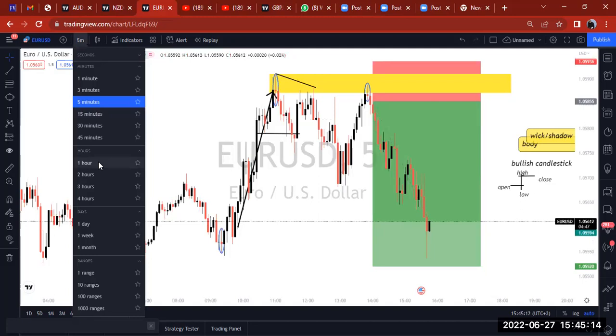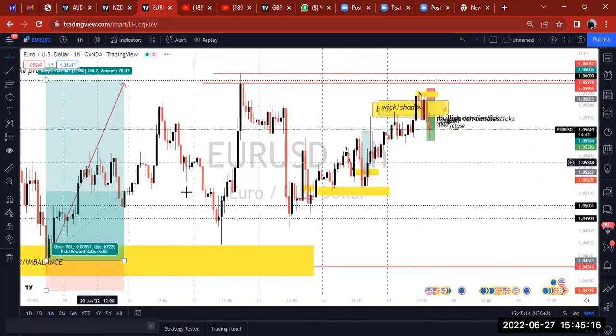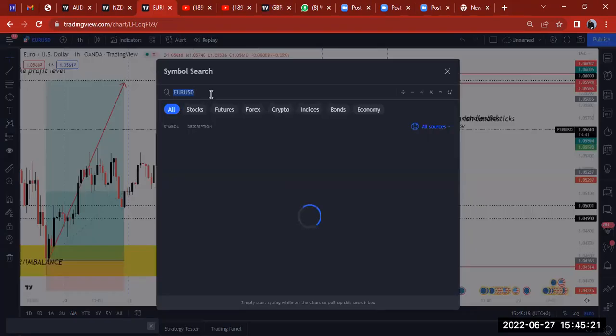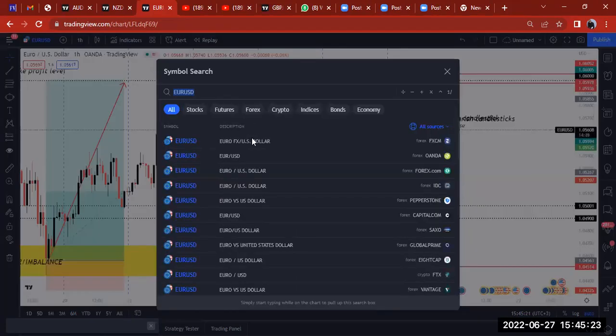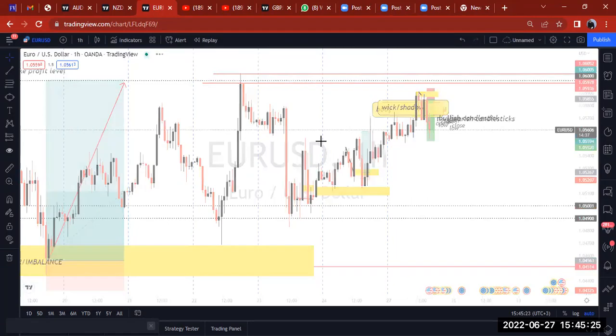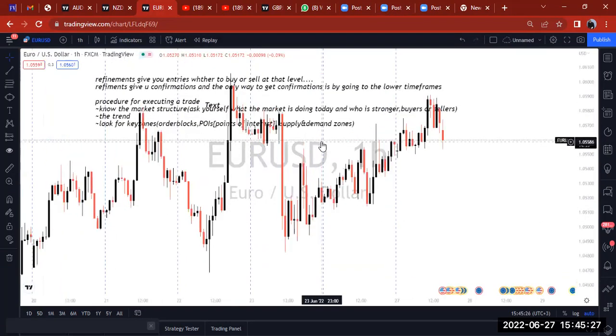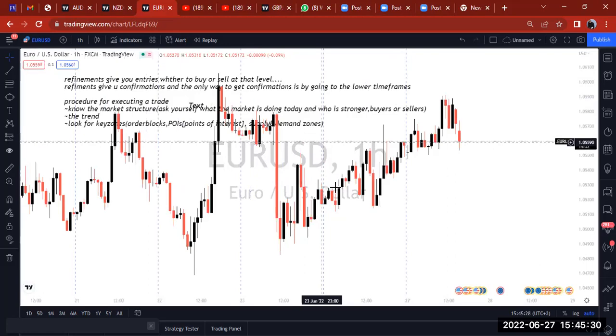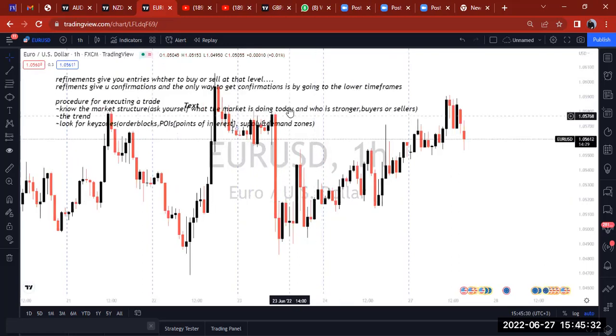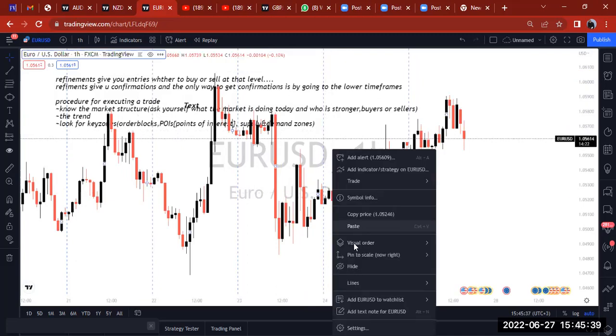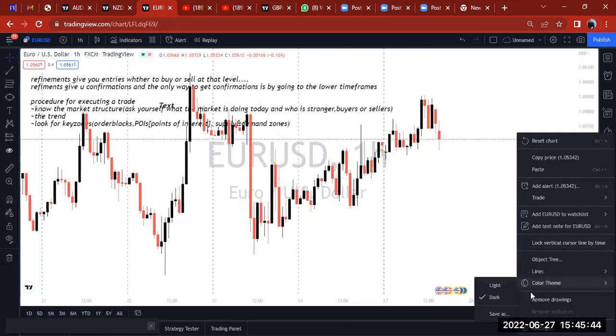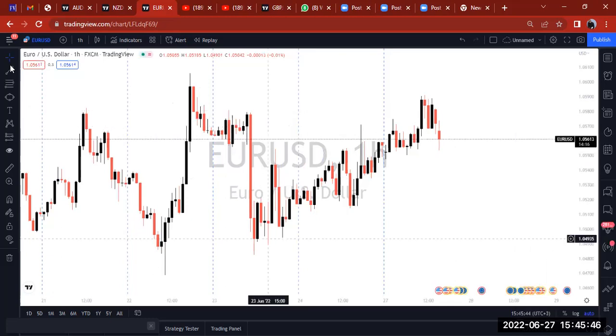Let me use the 1 hour chart this time. We are in a bullish trend here, right? Let me draw a trend line to show you what makes me say we are bullish. So we have this trend line here.